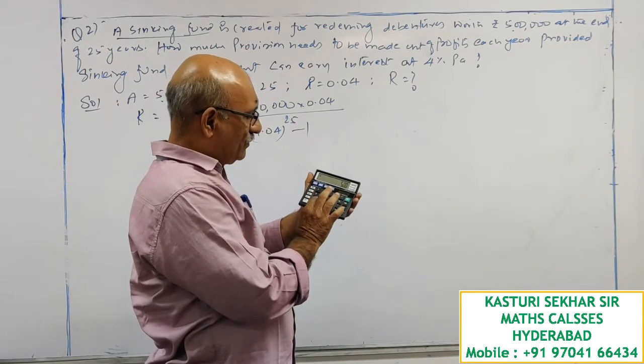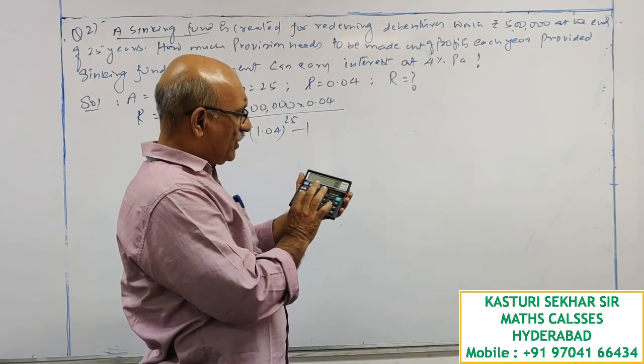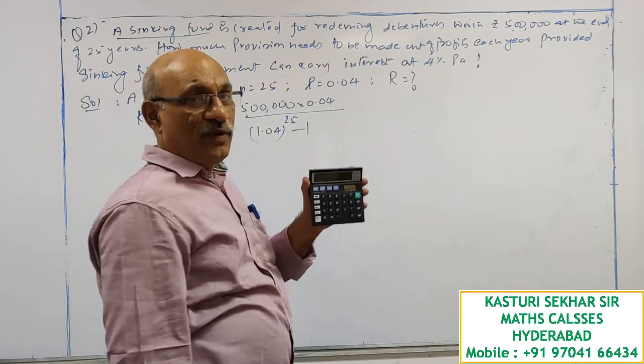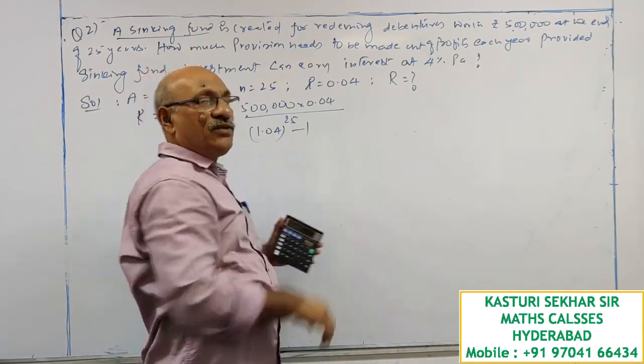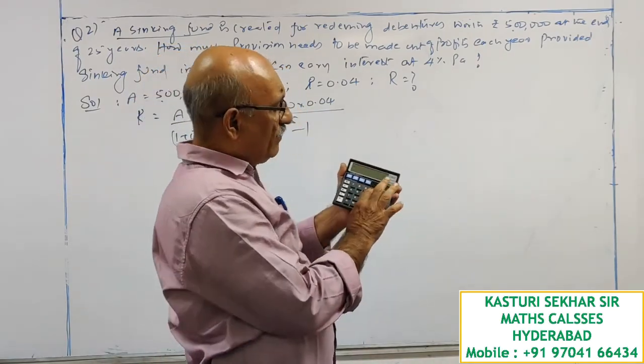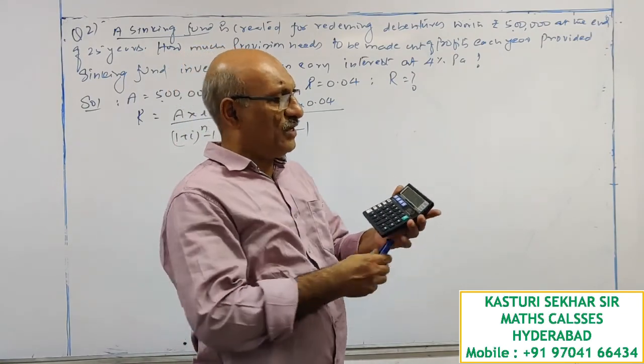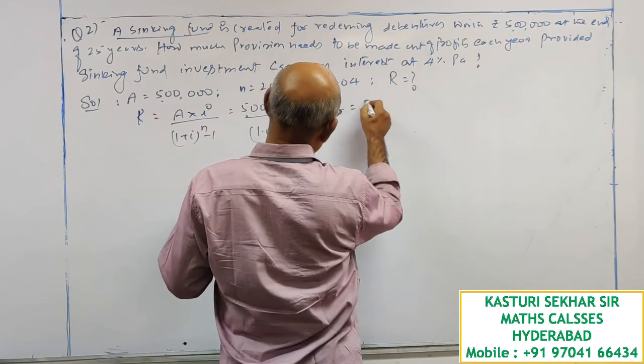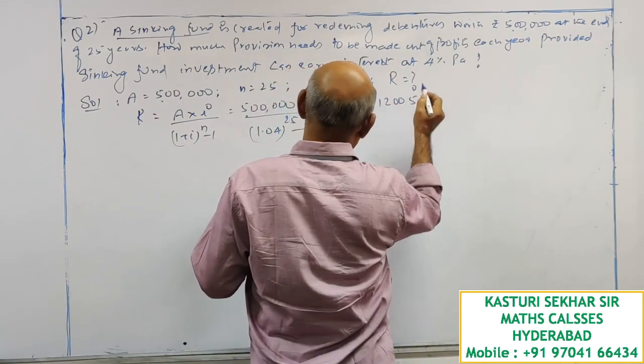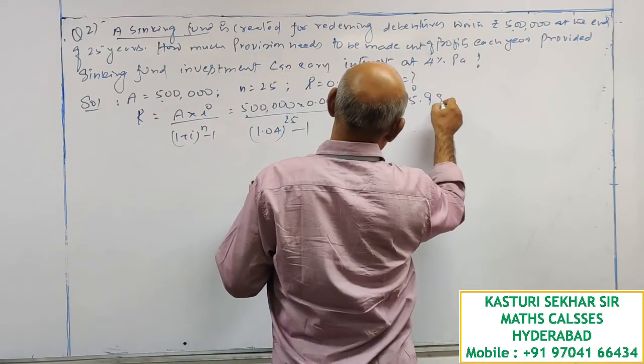Now 5 lakhs into 0.04, 20,000. Numerator is also simplified. Divided by MRC is equal to. So how much you will get? Rupees 12,005.98.